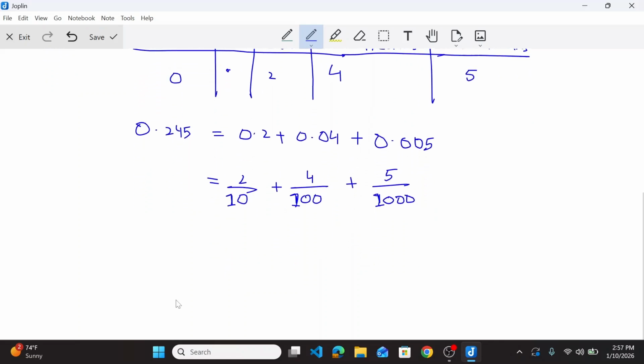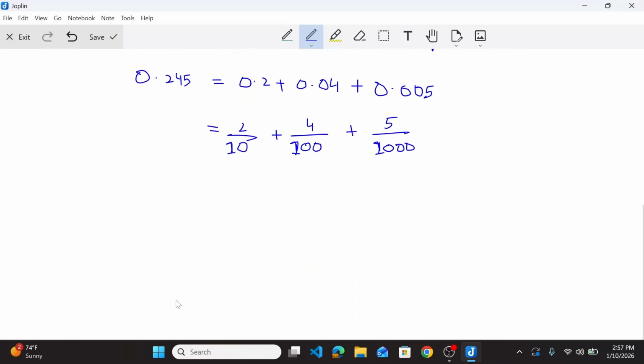Next, we want our bottom number to be 1000, because when it becomes 1,000, we will get the common denominator, the LCM, in the right way.